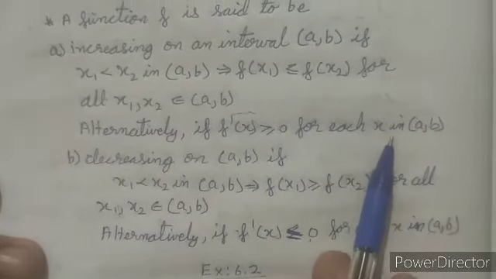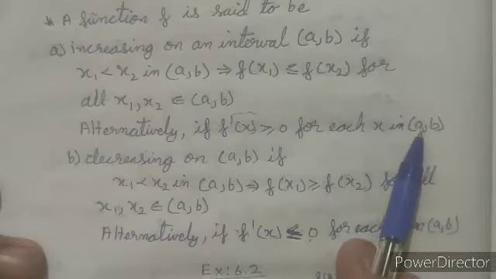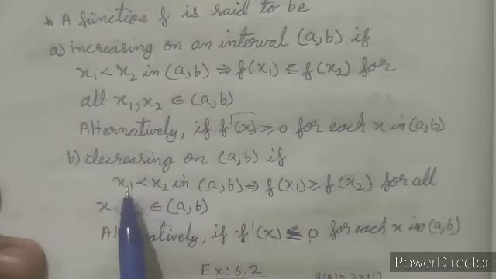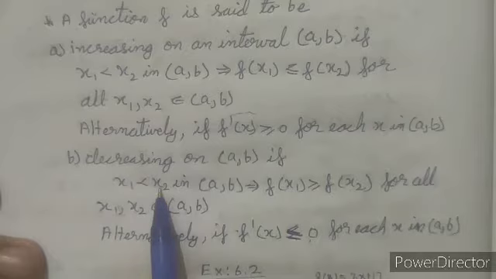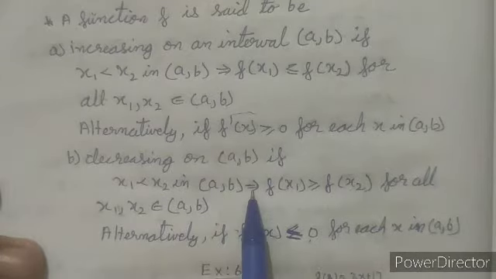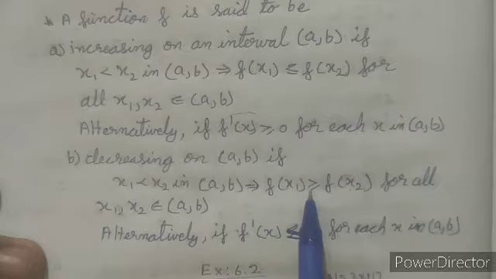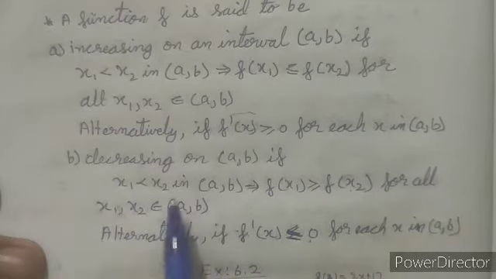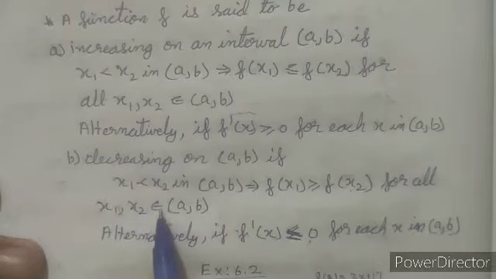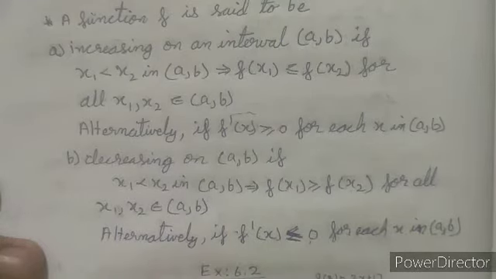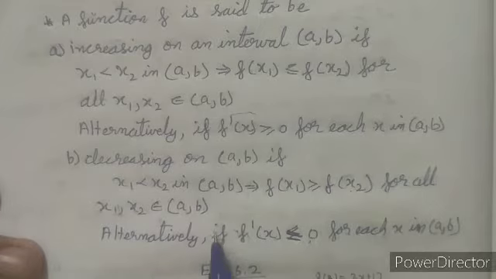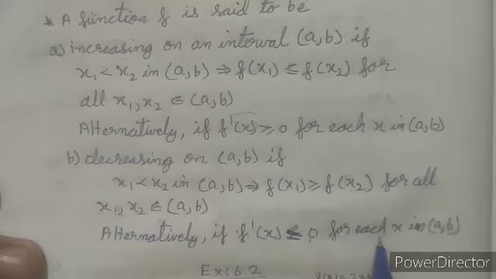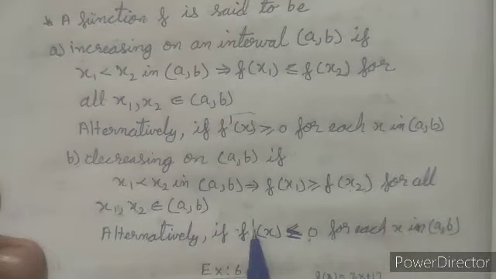Now function f is said to be decreasing on interval a b for each x belonging to interval a to b if x1 less than x2 in a b implies that f(x1) is greater than or equal to f(x2) for all x1 and x2 belonging to a b. Alternately, if f dash x is less than or equal to 0 for x in interval a to b, then we can say that the function is decreasing.